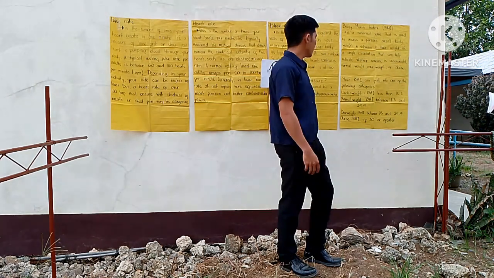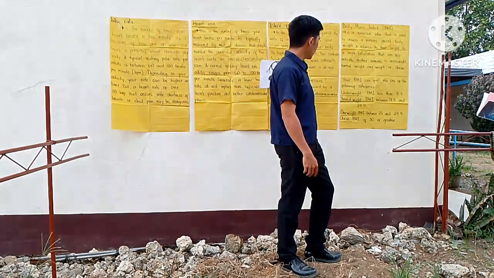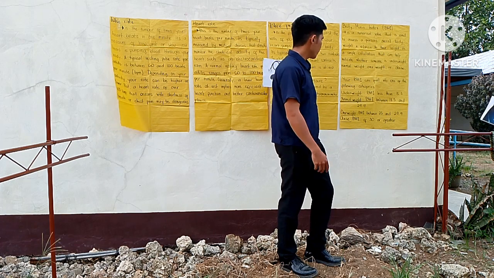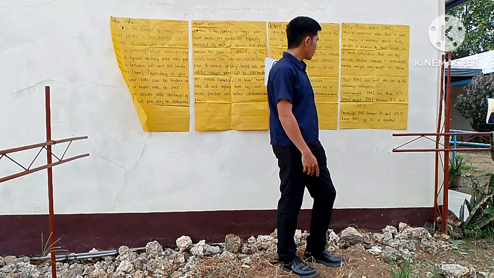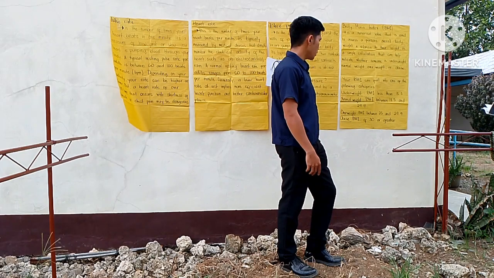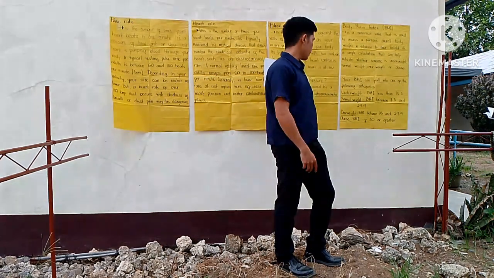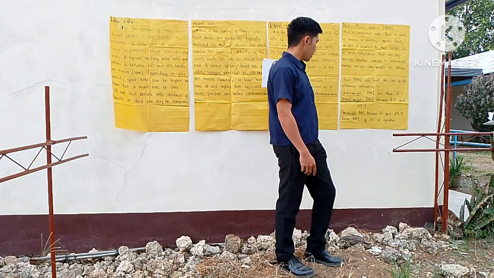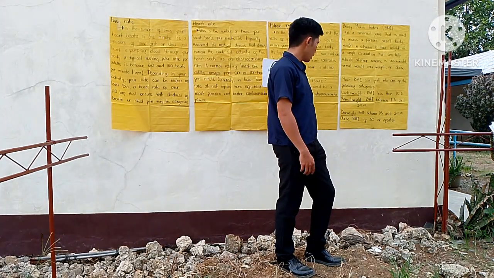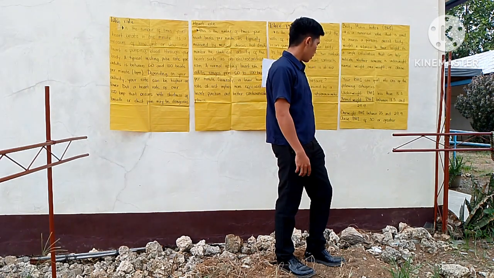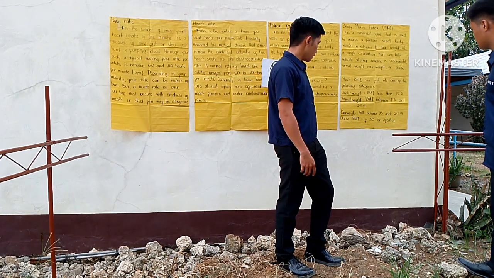Your BMI can fall into one of the following categories: underweight, BMI less than 18.5; normal weight, BMI between 18.5 and 24.9; overweight, BMI between 25 and 29.9; obese, BMI of 30 or greater.